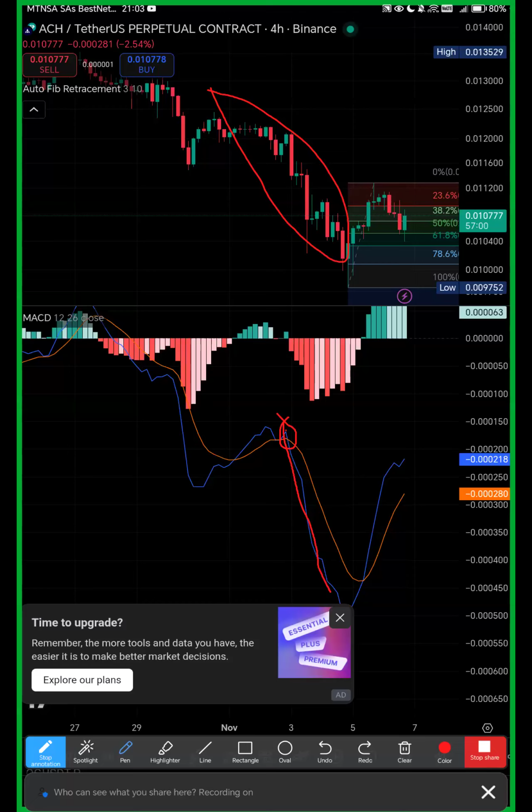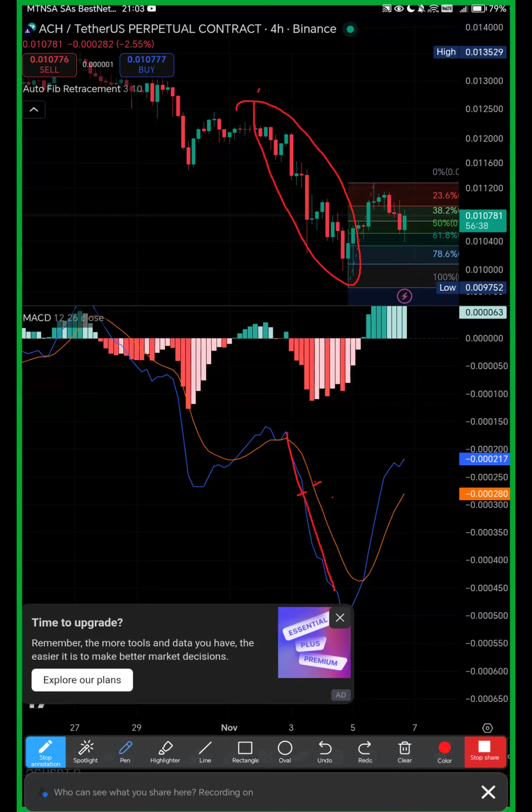So when it is going downwards like this, and it distances itself, there is a big gap between the orange line and the blue line. It tells you that there is strong selling pressure here. Since this is a downtrend, it is sellers that push the price to the downside.